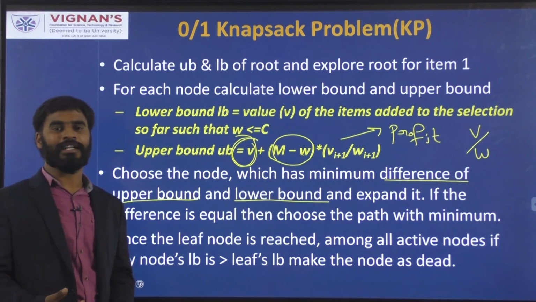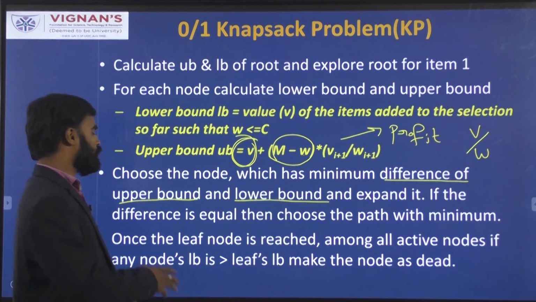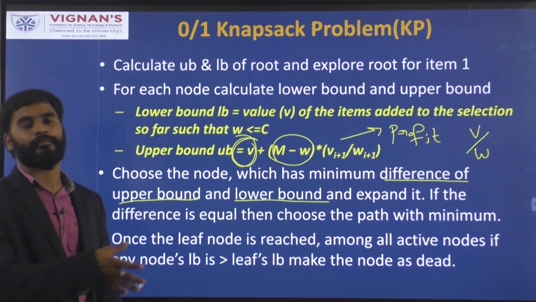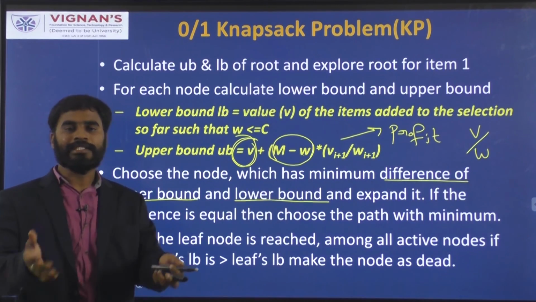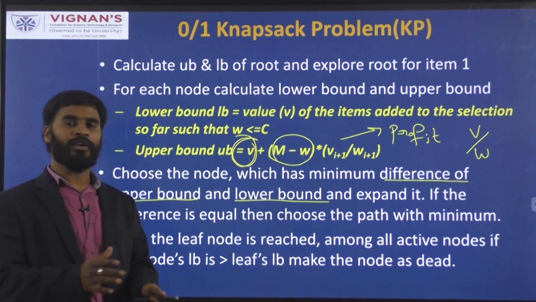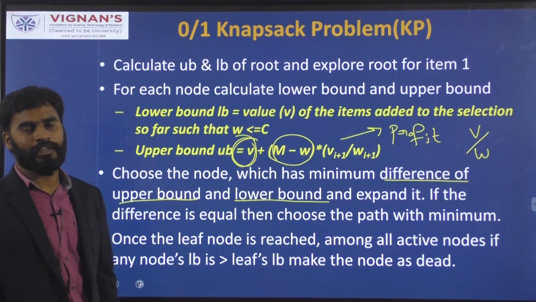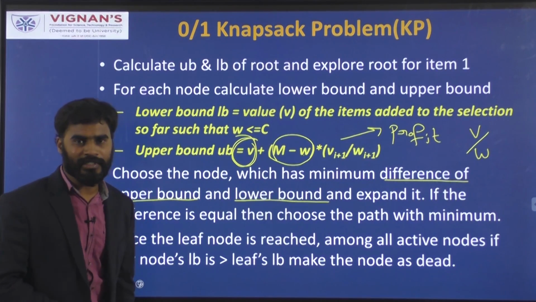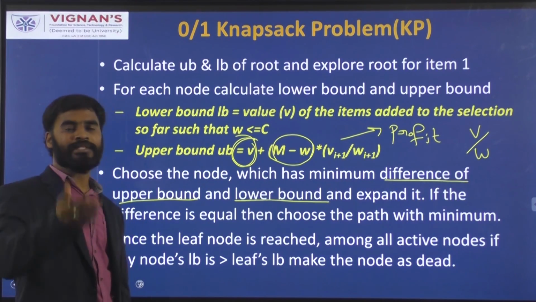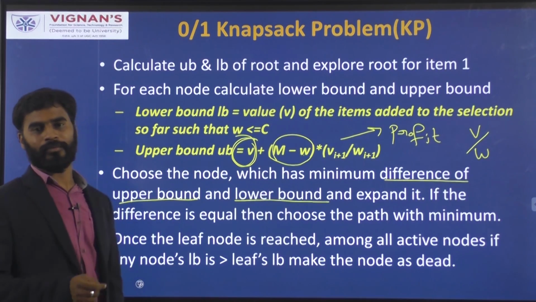If you want to decide which node to select next, choose the node which has the least difference between the lower bound and upper bound. If 2 nodes have the same difference, then discard the node which has the maximum upper bound and consider the node which has the least upper bound.